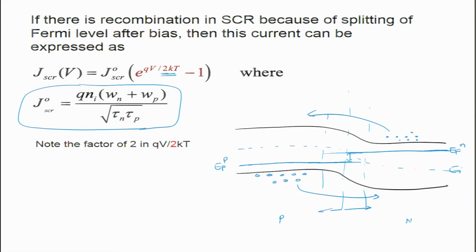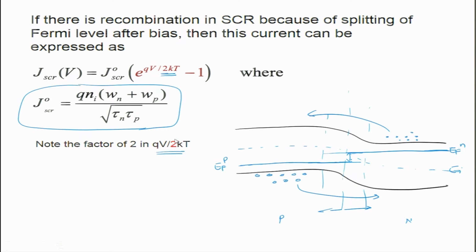Okay. Earlier we ignored this in our p-n junction analysis. So, now if we do not ignore this, then we have to consider this space charge region current. So, within that expression that we looked at in the last lecture, if you made the illumination term 0, then only the recombination term remains, and the recombination term that remains gives you this space charge current, which is essentially a dark recombination current, all right, and this has a factor of qV by 2kT.